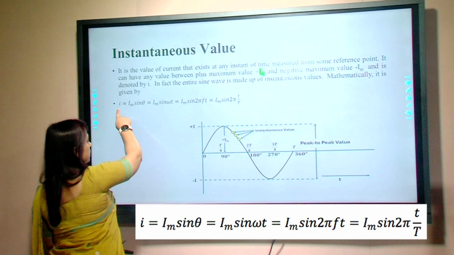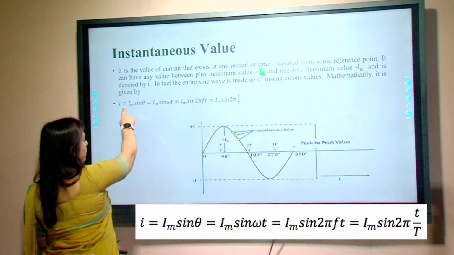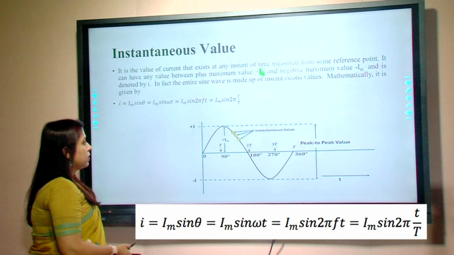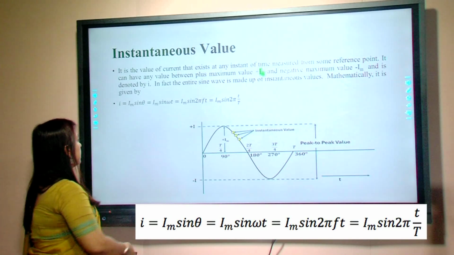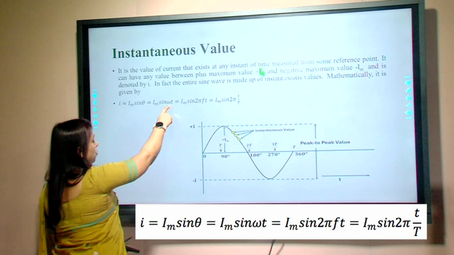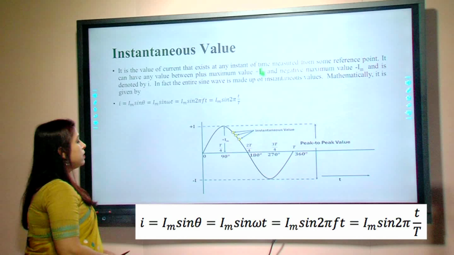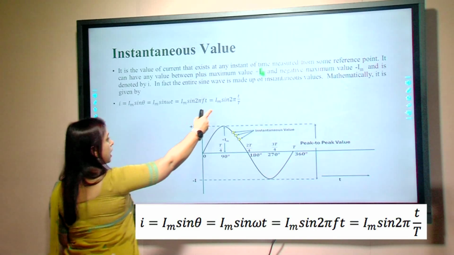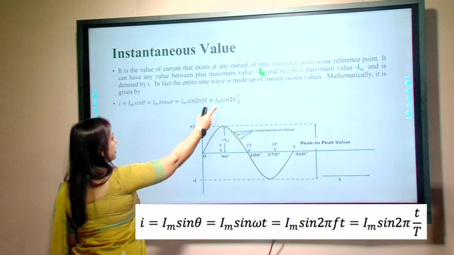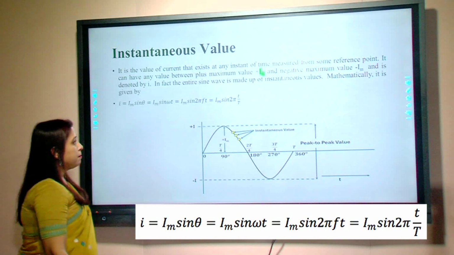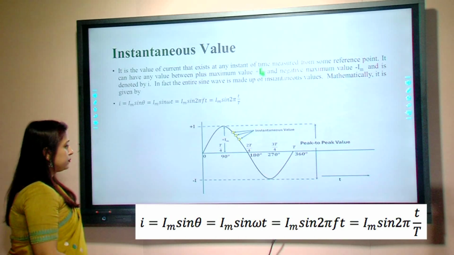I is the instantaneous value of current, I subscript m is the maximum current in the AC circuit. I = Im sin theta, theta is nothing but omega t. Theta shows the phase, and this is how the instantaneous value of current is connected to time period and maximum value of current.